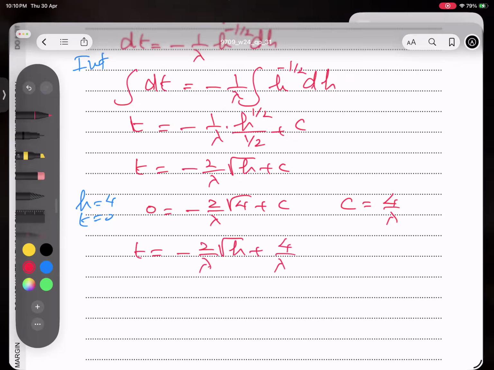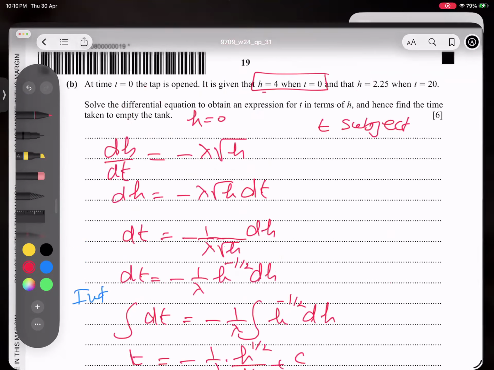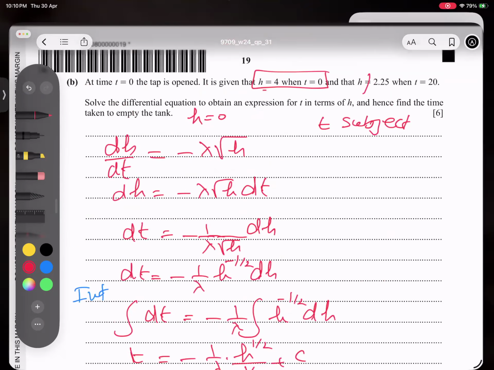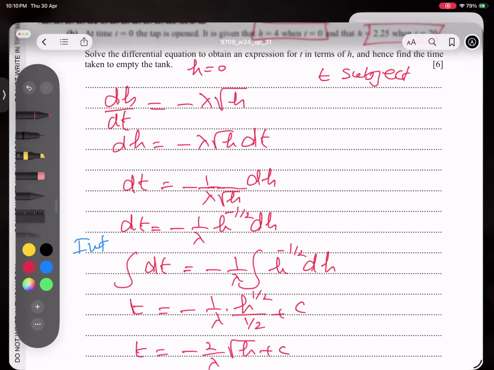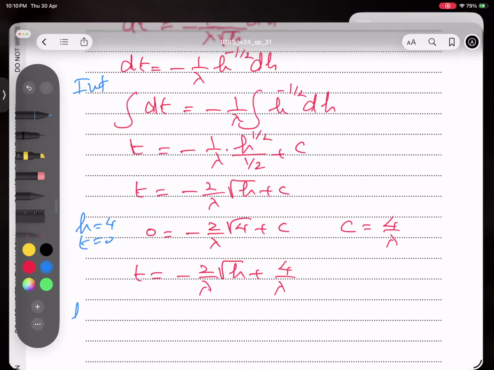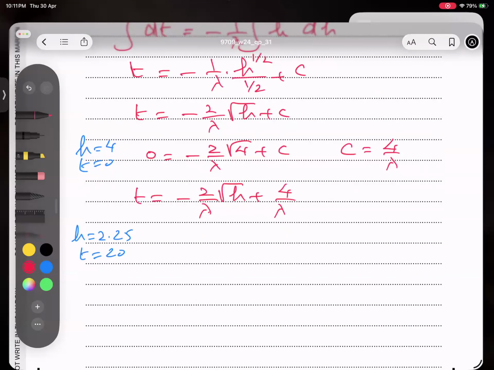This is done. And now put in the second equation. Second equation, what do we have, students? This one: h is 2.25 and t is 20. So I'm going to plug this in now and get the lambda value. First of all, I'm putting 20 in place of t, negative 2 over lambda and root of 2.25, plus 4 over lambda.